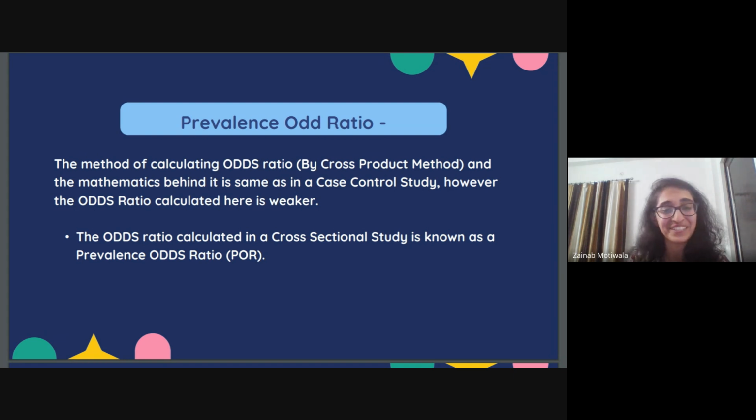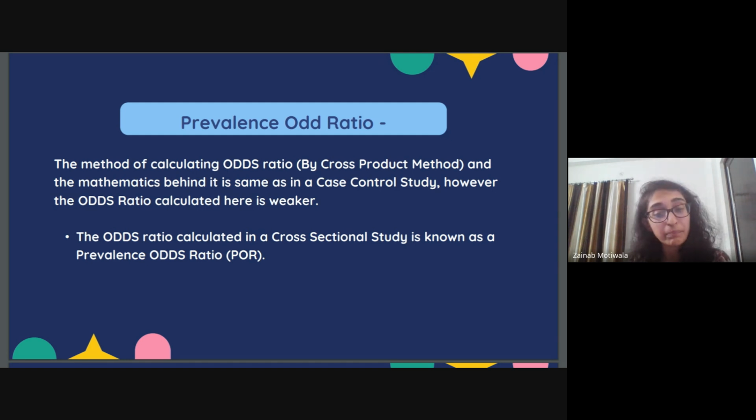Okay, wonderful. Now talking about prevalence odds ratio. As we already discussed earlier, the odds ratio was used to calculate an association in a case control type of study. But when we apply the same thing to a cross-sectional study, we can calculate something like a prevalence odds ratio.